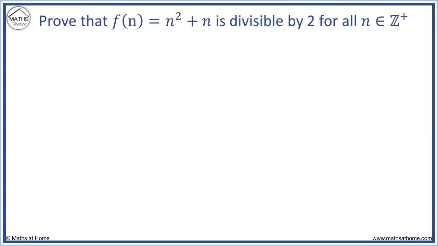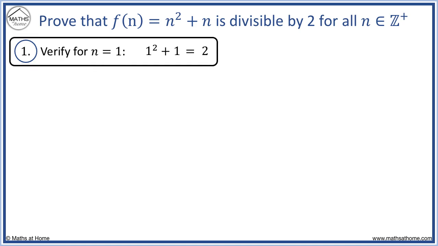For example, prove that n squared plus n is divisible by 2 for all positive integers of n. We start with verifying n equals 1. Substituting n equals 1, we get 1 squared plus 1 equals 2. This is true that this result is divisible by 2.